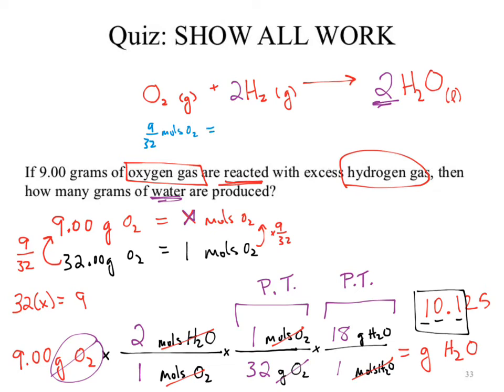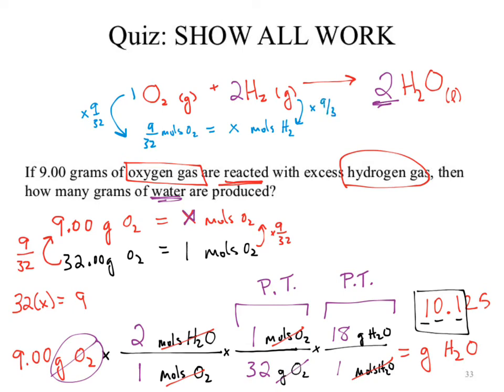Yeah, I don't like this either, but at least one other student that I've seen has been like, yeah, I really like this, and it confuses the crap out of me. How do I go from 1 to 9 thirty-seconds? What did I do? Times by 9 thirty-seconds. So what do I have to do to the other side?